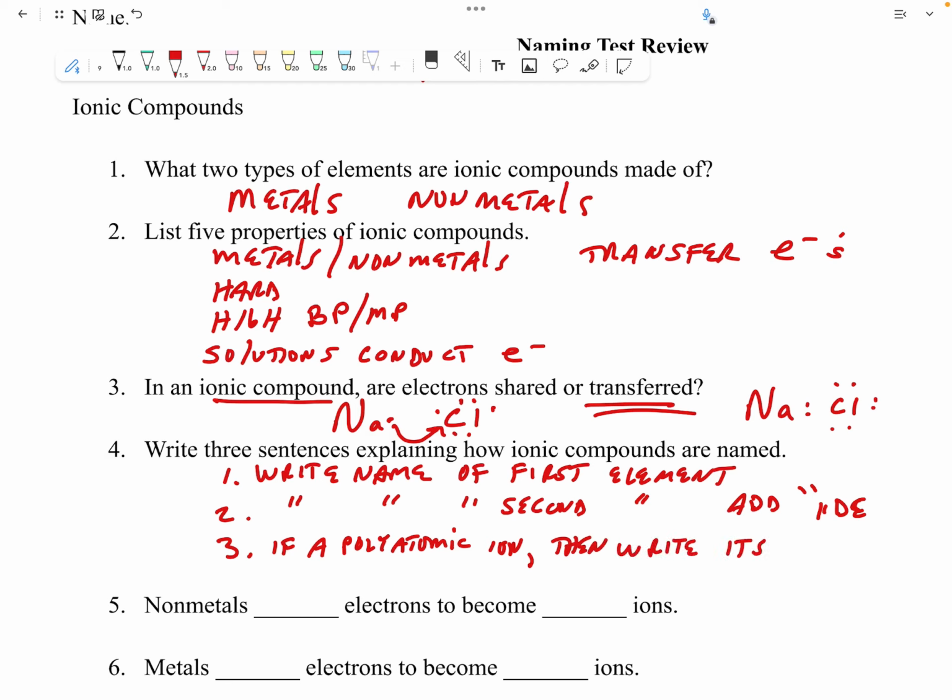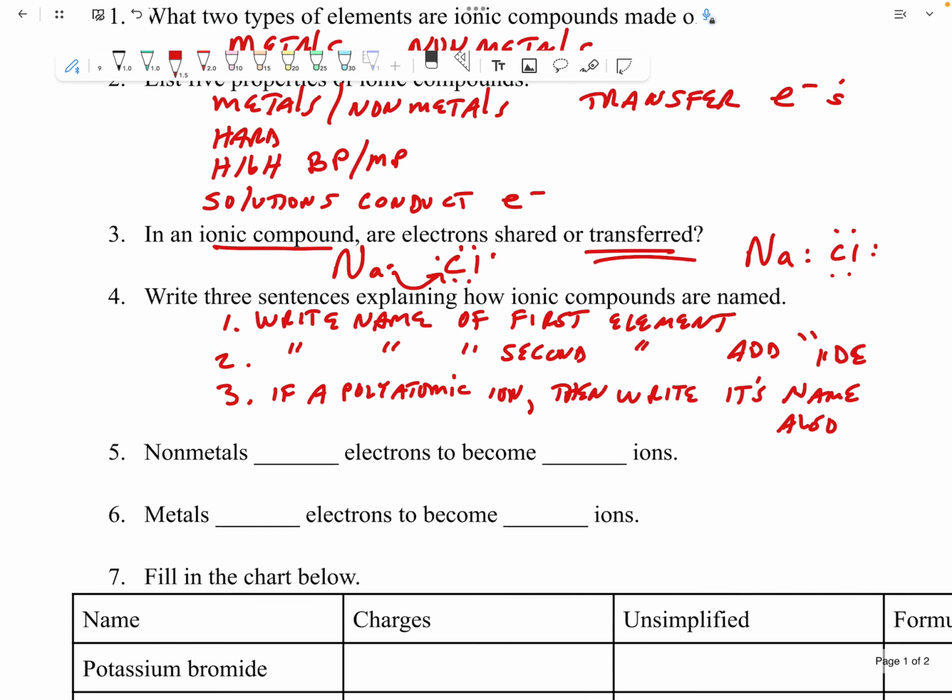Write its name also. Okay. Nonmetals, they have to gain electrons to become negative ions, and metals lose electrons to become positive ions.